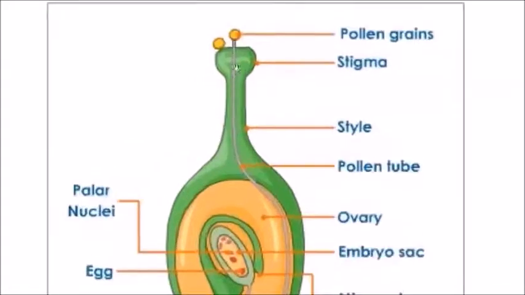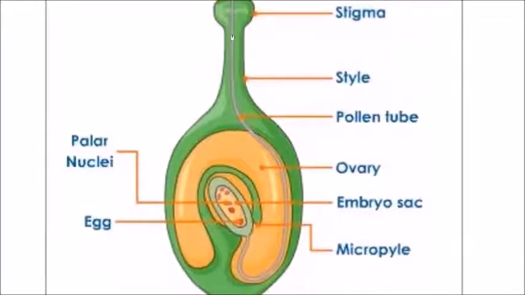Okay, so you see this long line right here. This gray line at the center of this is a pollen tube, and it's growing from this pollen grain that would have landed on top of the stigma. So this pollen tube is going to grow down the style of a flower and then make its way into the ovary and then finally into the ovule.